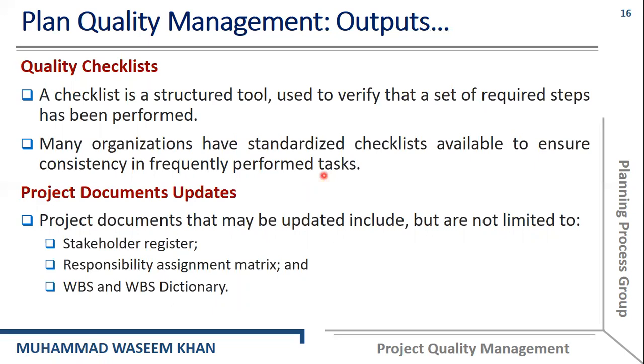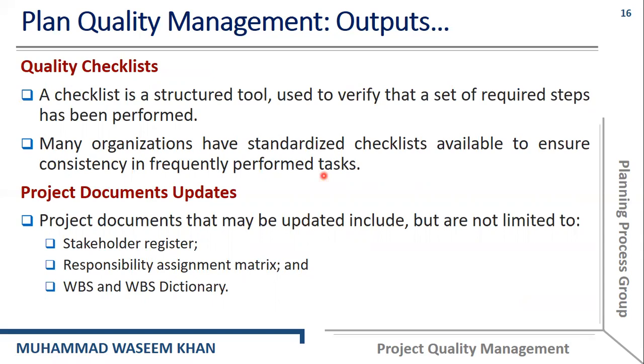For example, if you want to manufacture a mechanical product, then the quality checklist for that product would include, for example, the size of the product is 5 kilograms plus or minus 10%. Then you will have to check it or uncheck it.